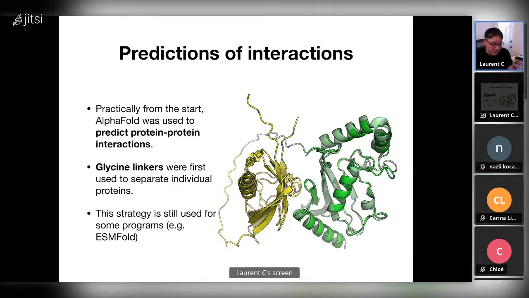So it goes better and better with newer versions of AlphaFold and of all these different programs. Here, this is a protein that we work with in the lab, and you have both the experimental structure of the complex and the predictions, and they're closely matching.